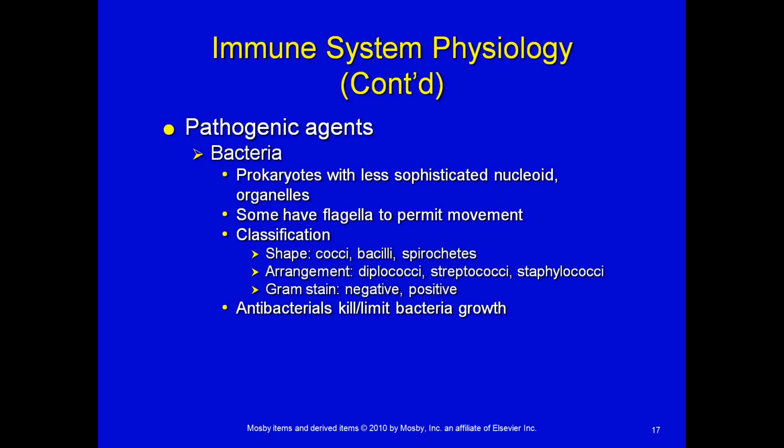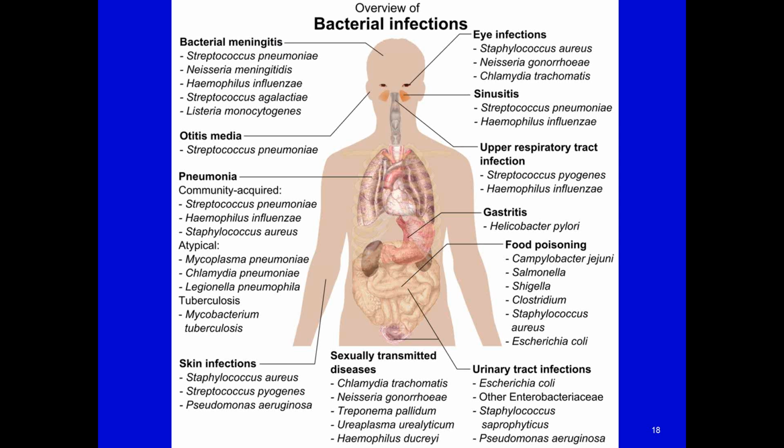They help kill and limit the bacteria growth, and it just requires the physician to determine what is the best antibacterial for that particular type of bacteria. We start with something like a really broad spectrum antibiotic like Rocephin is an example, and then depending on the cause or the type of bacteria, they may change the antibiotic to one that's designed specifically for that bacteria.